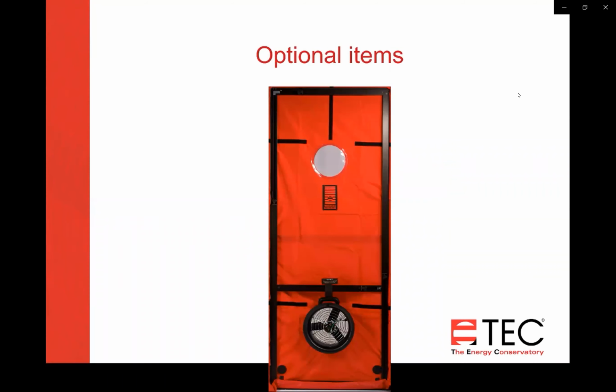Some optional items that you can get. A duct blaster fan can move up to 1350 CFM at 50 Pascal. So you can use it for a blower door test. We do sell a red nylon panel with the hole in it the size of the duct blaster fan.